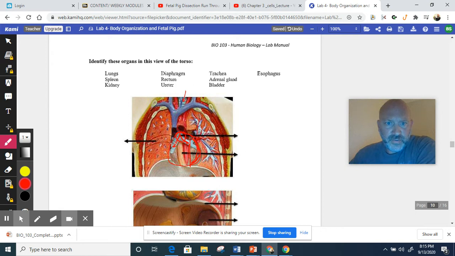All right, so up here, it's still the trachea. So we're going to label that trachea. This is the esophagus. And this is the right lung.